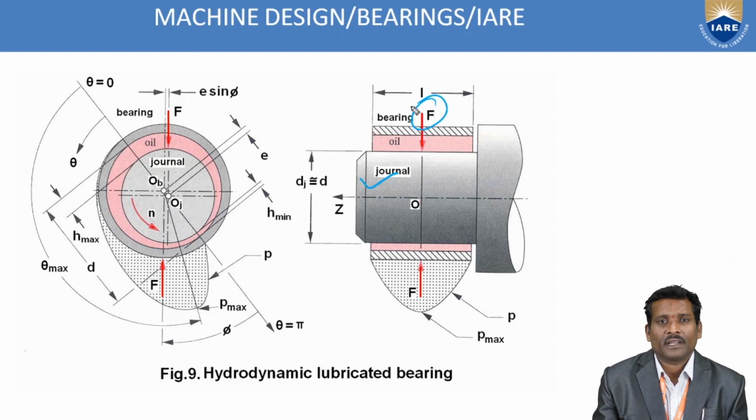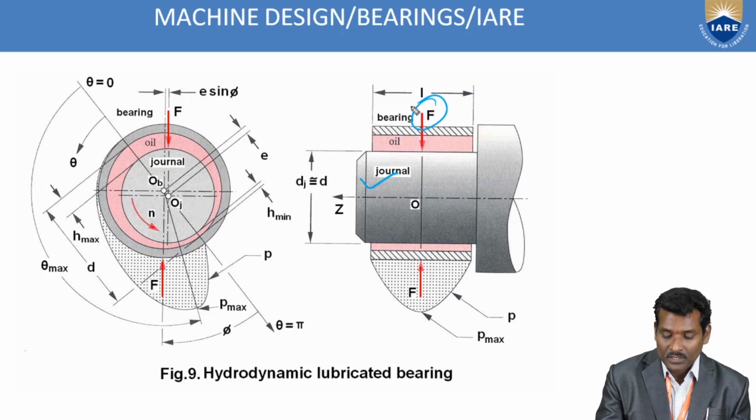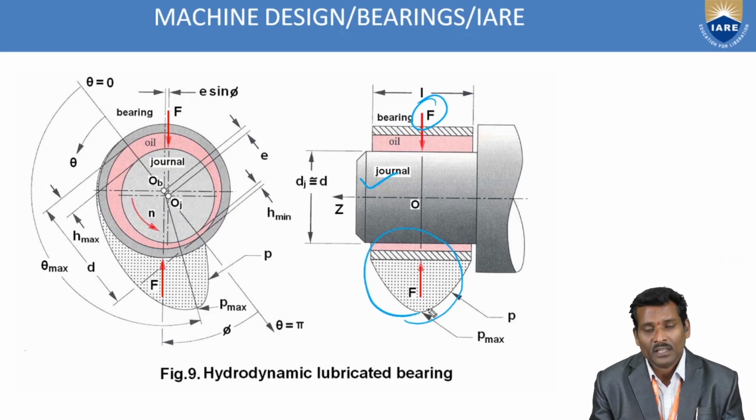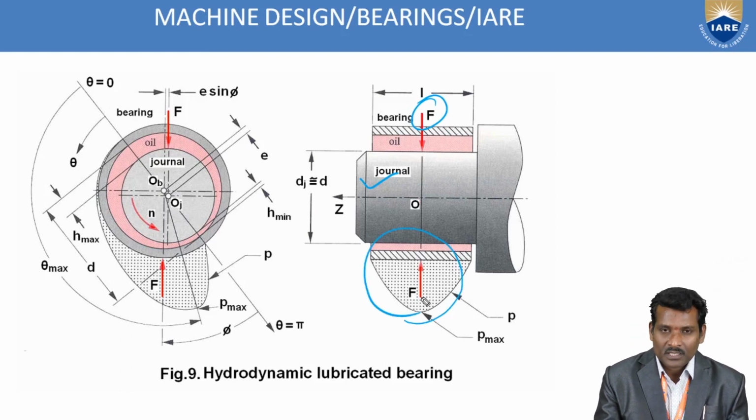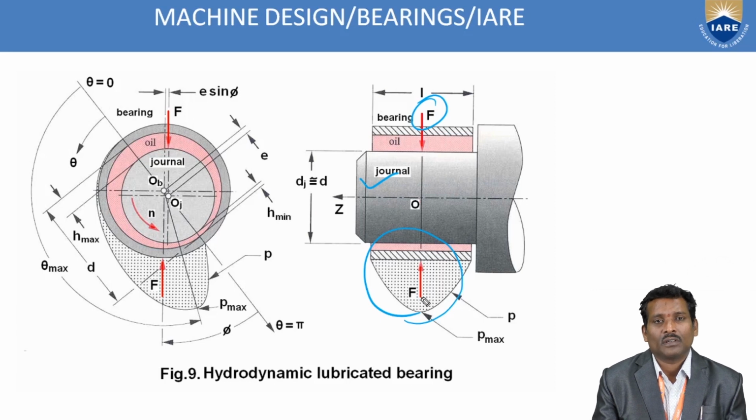Sliding contact bearings allow radial or axial loads only. This is the maximum pressure built up inside the bearing. This pressure is sufficient to lift the journal and carry the radial loads.